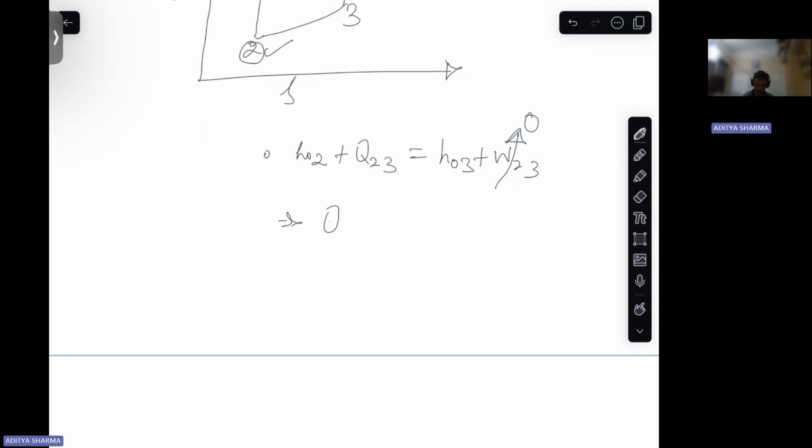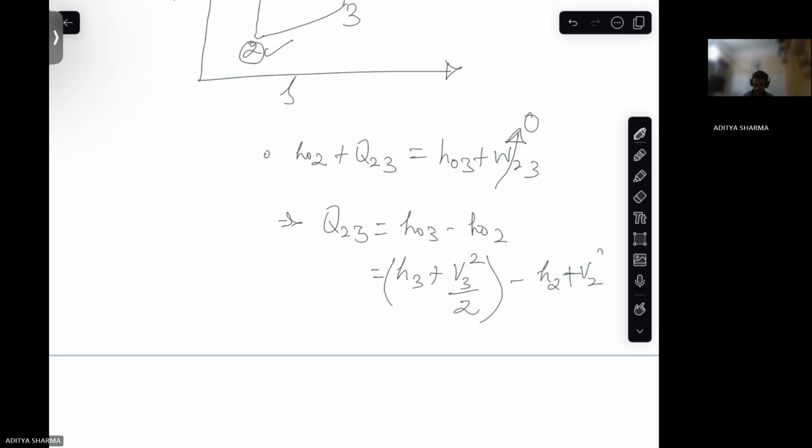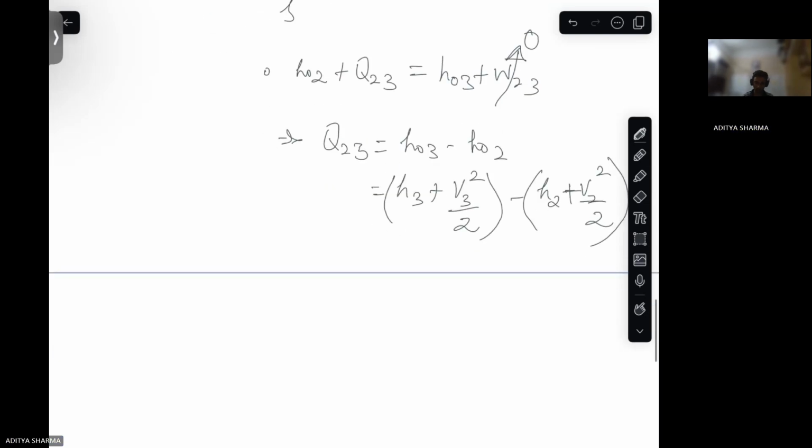This implies Q23 is H naught 3 minus H naught 2, which is H3 plus V3 square by 2 minus H2 minus V2 square by 2. So this is there.